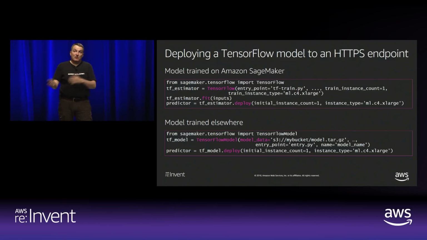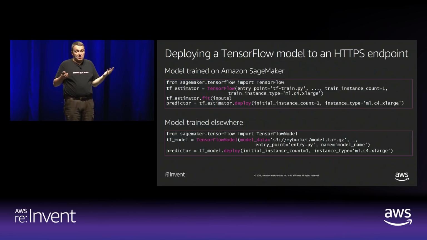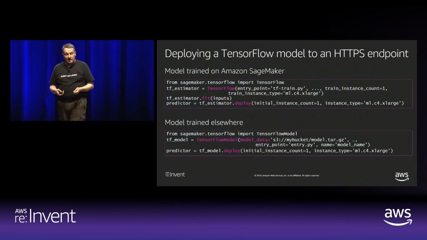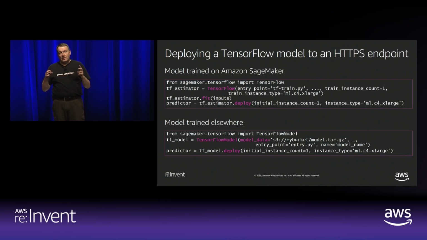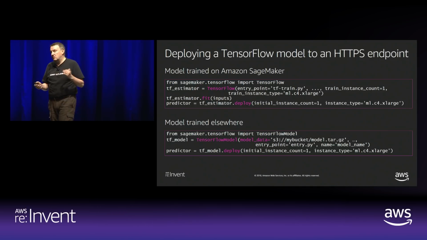If your model comes from outside, then again, just copy it to S3, use the TensorFlow model object to load it, and just call deploy exactly in the same way. So as you can see, really, I would say the entry cost to SageMaker, if you already have TensorFlow running, is super low.